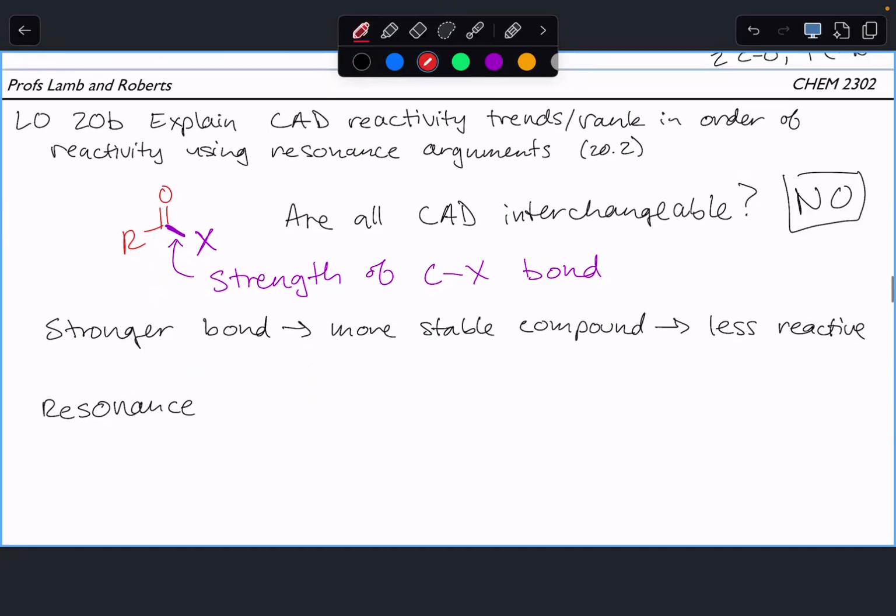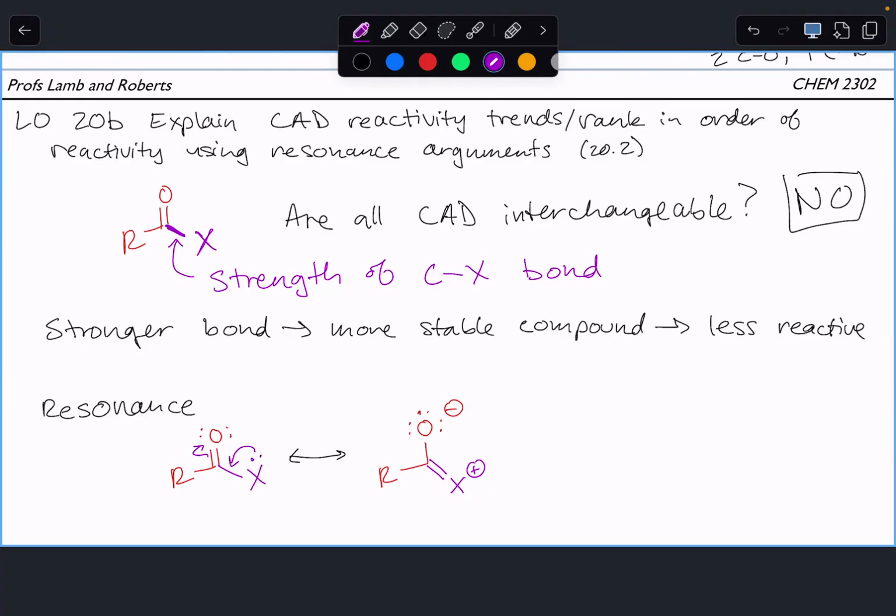So in our generic structure, we will do this more specifically in a second. I'm going to draw out my Lewis structure. Because X is a heteroatom, it always has at least one lone pair. So we can draw a resonance structure where we push that lone pair towards that carbonyl carbon, break the pi bond, and draw a resonance structure, like so.